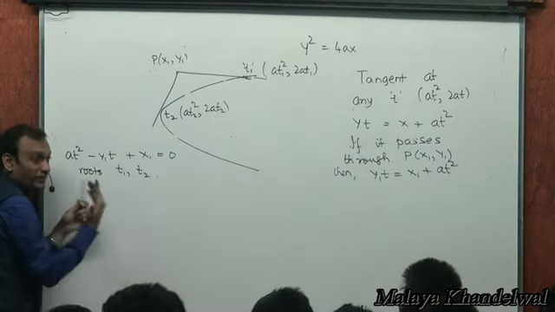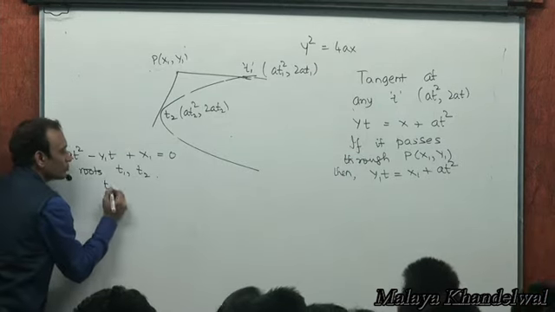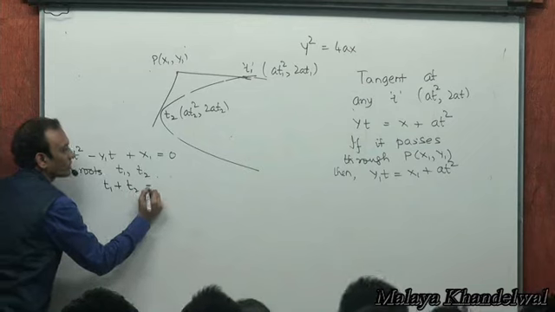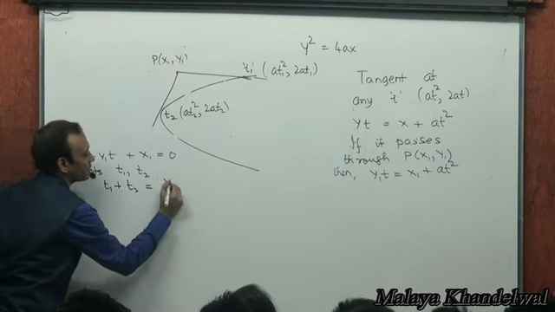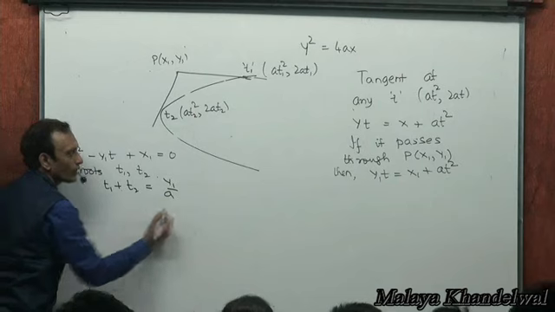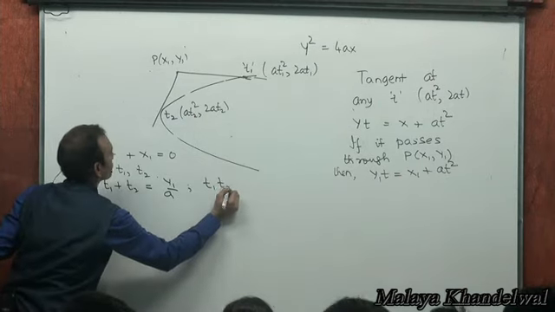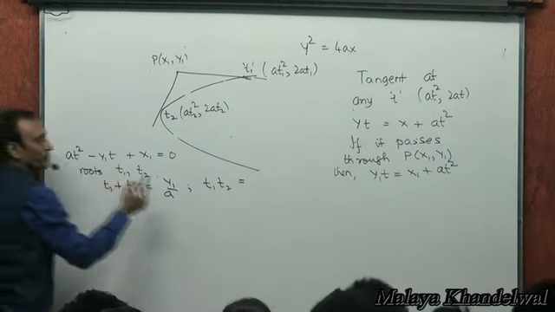Sum of the roots t1 and t2 are known, right? Sum of the roots t1 plus t2 is what? Minus b by a. That means y1 by a. And t1 t2 is x1 by a.